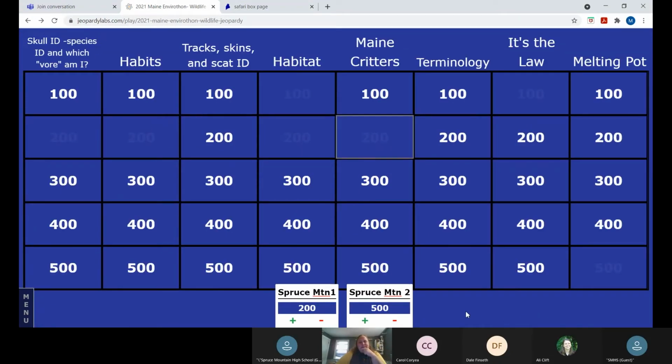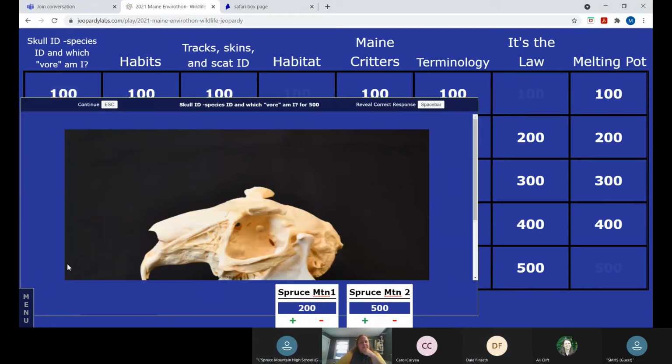All right, Spruce Mountain 2. Skull ID for 500. Skull ID for 500. Whew.